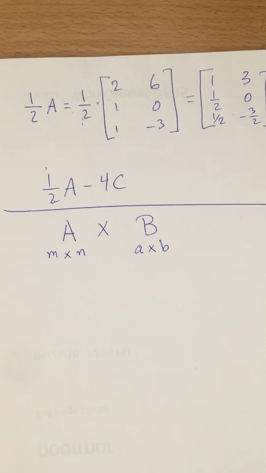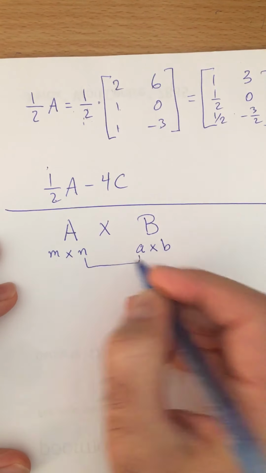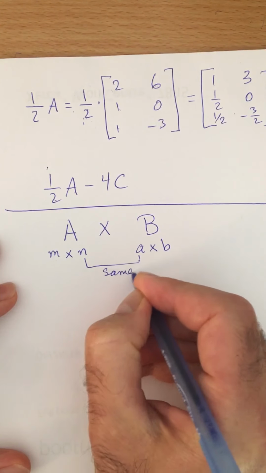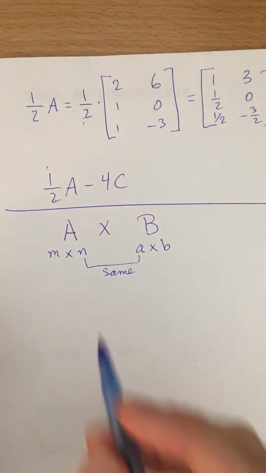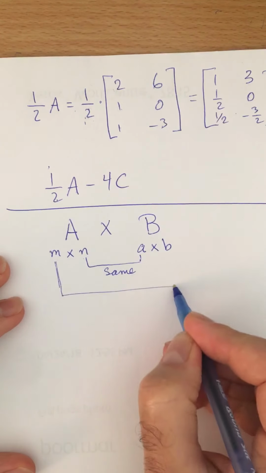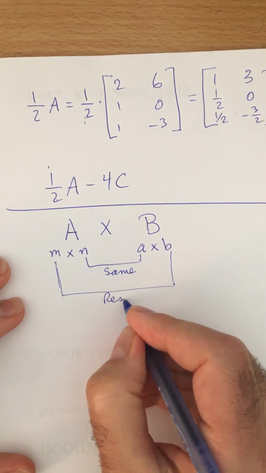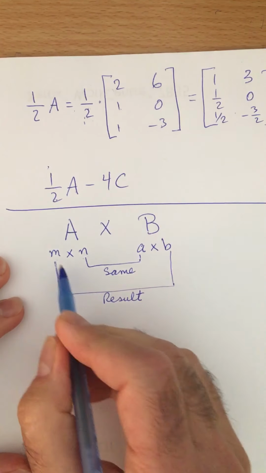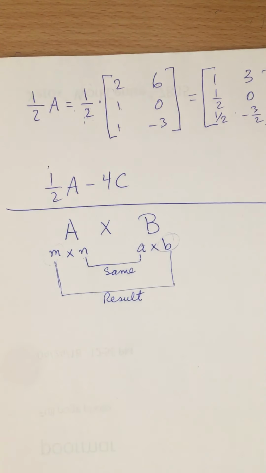In order for you to multiply these two matrices, the inner numbers of the dimensions have to be the same. If these two numbers are not the same, then the multiplication cannot proceed. If they are the same, once you do the multiplication, the resulting matrix has the dimensions defined by the outer numbers.